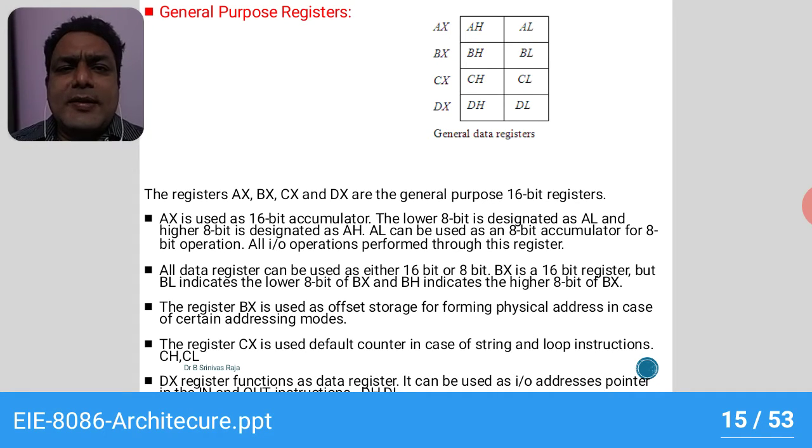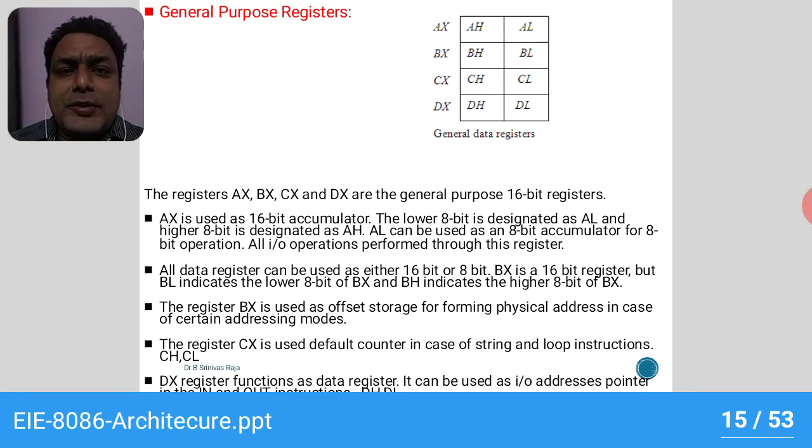AX, BX, CX and DX are 16-bit registers. AX is used as a 16-bit accumulator. The lower 8-bit is called AL and the higher 8-bit is called AH. AL can be used as an 8-bit accumulator for 8-bit operation.